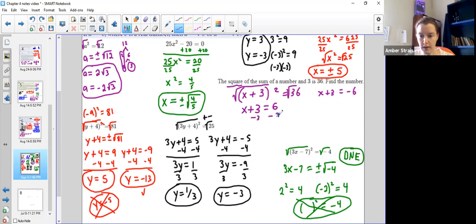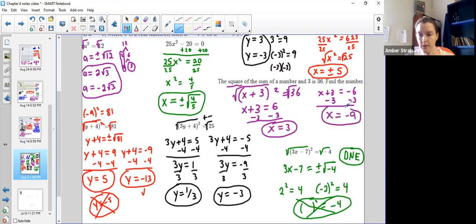So we'll finish solving this relatively easy algebra problem. Remember, you should be seeing the same steps on both for the two final answers of positive 3 or negative 9.